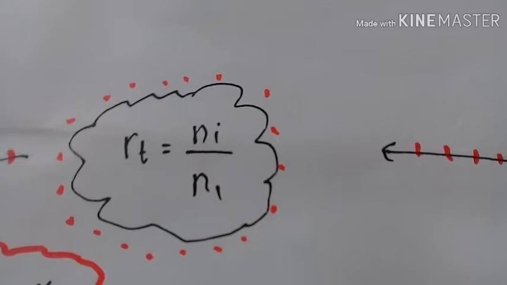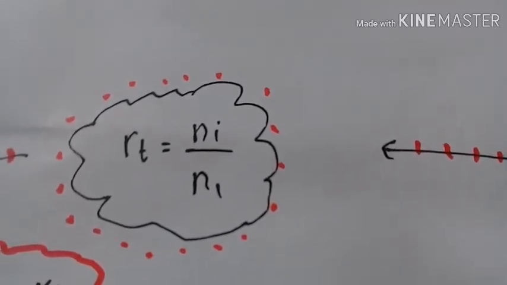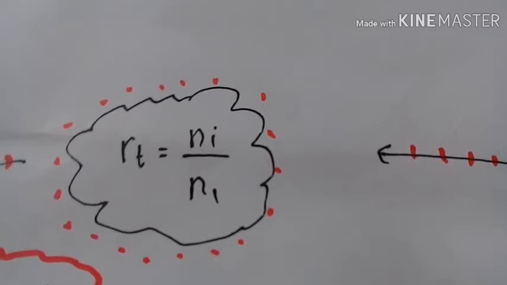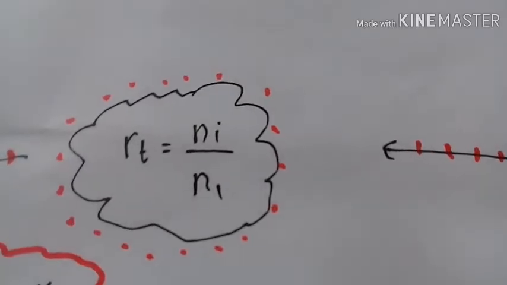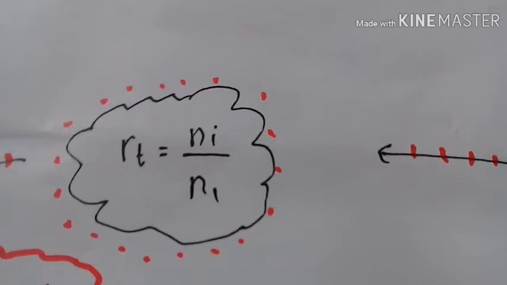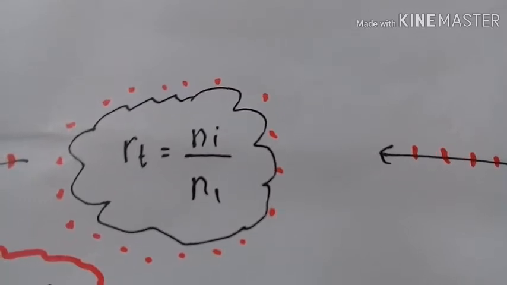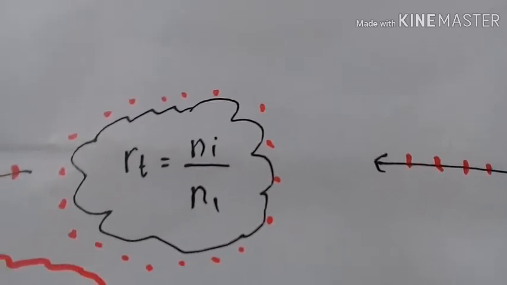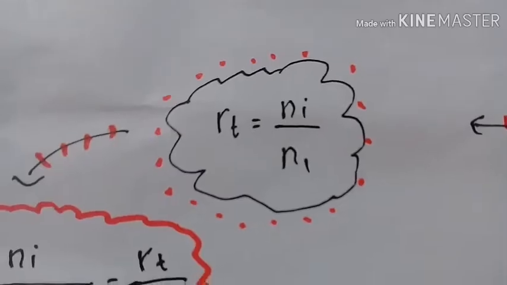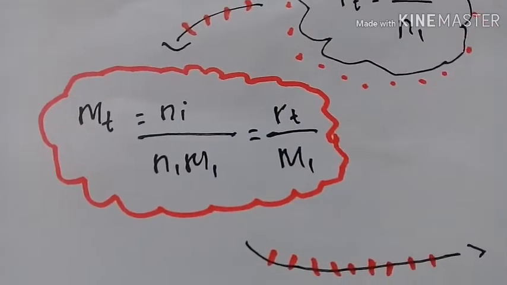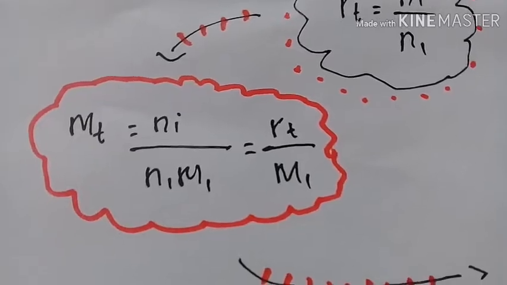Since the mass of the solvent is n1 M1, the number of moles of solute per kilogram of solvent is m_i. And then the formula, and next the formula.